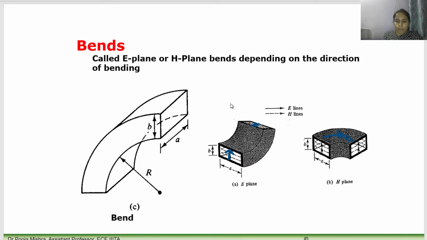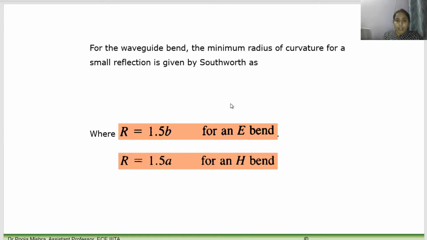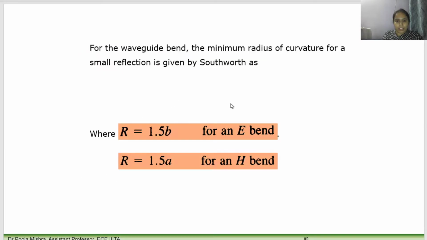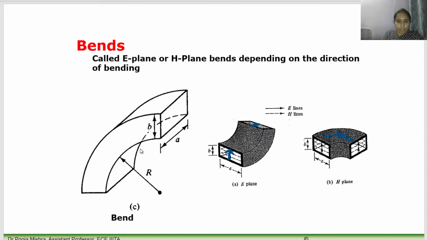This is H plane bend. Again, for avoiding the reflection, the larger the curvature of this bend, the minimum will be the reflections. So in order to keep reflections optimum and minimum, the radius of curvature is taken as 1.5b for E plane bend and 1.5a for H plane bend.